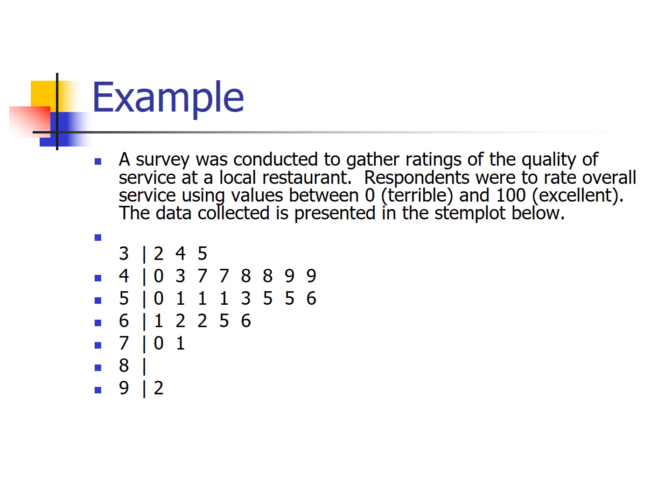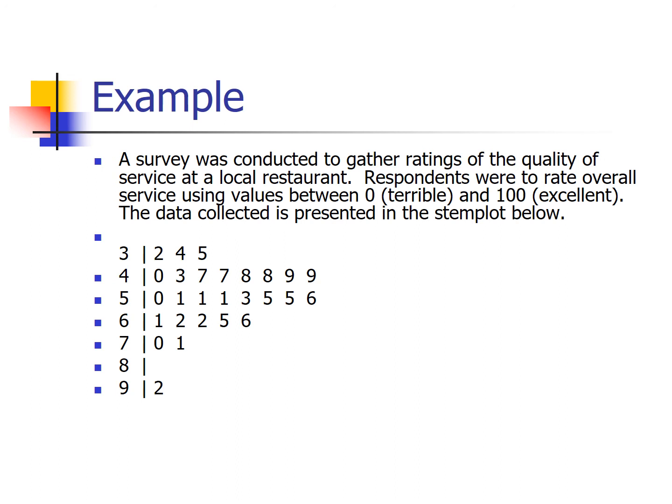It's saying that somebody rated the restaurant 32, and in fact, that's the lowest rating the restaurant got. The other 2 observations are a 34 and a 35. So there were 3 people who rated the restaurant in the 30s. Someone gave it a 32, someone gave it a 34, someone gave it a 35. Does that make sense?